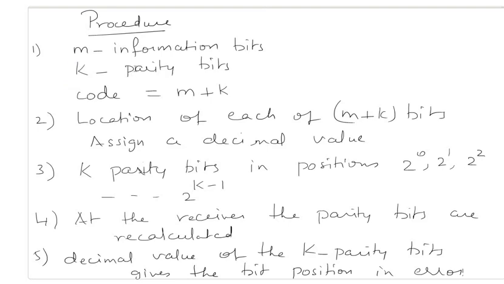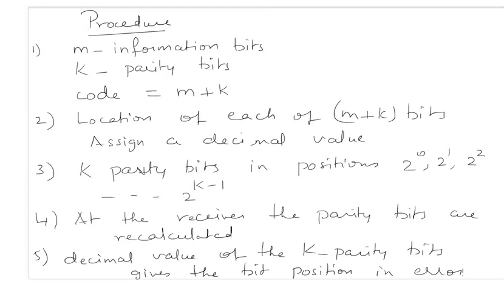We'll see the procedure once again. Out of m number of information bits or data bits, we need to add k number of parity bits. Then the entire code word becomes m plus k. Then we need to assign a location for each of these m plus k bits by using decimal values.